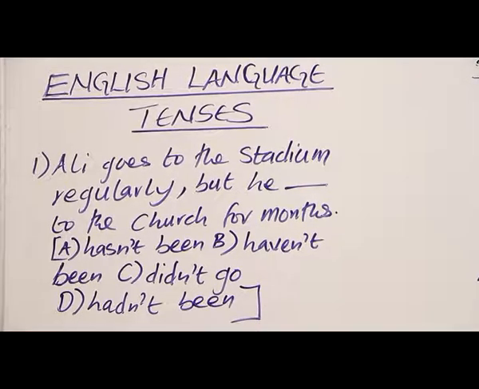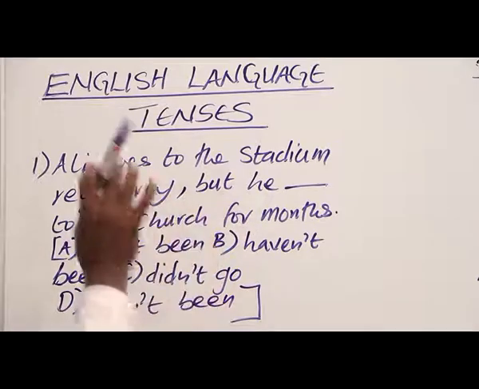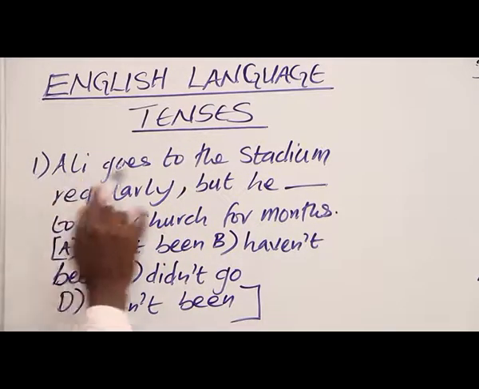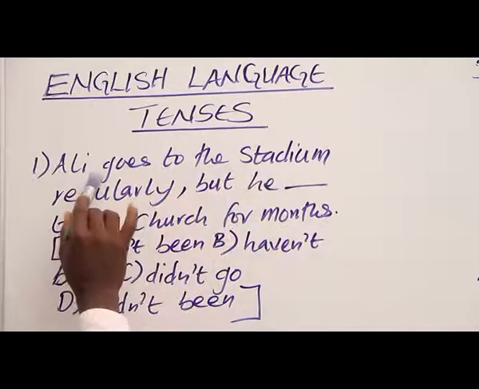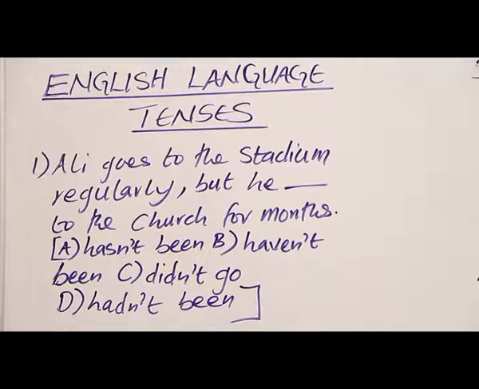What is our answer? Now, first thing we want to do is look at the tense in one of the main clauses. This is a compound sentence. So we have one of the clauses. The verb here is goes, which is the simple present tense. The simple present tense tends to show an action that takes place regularly, often, always, and all that.